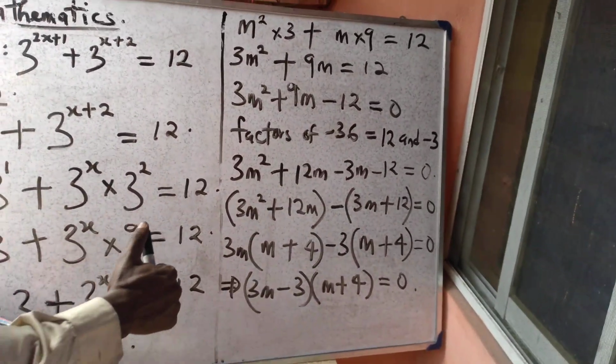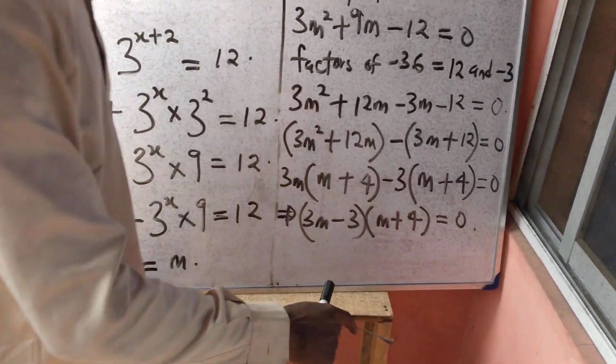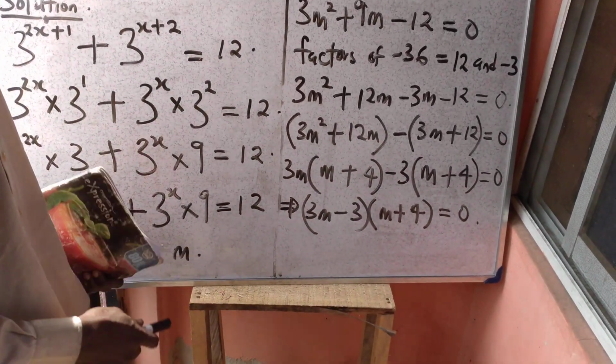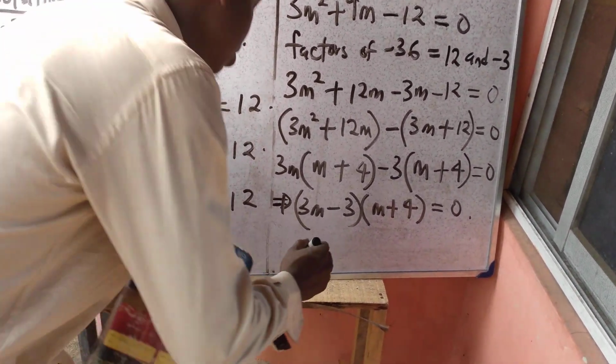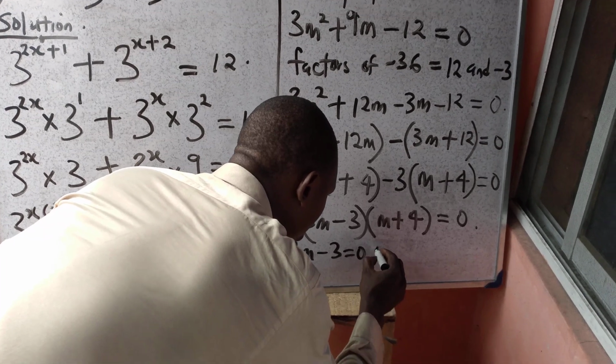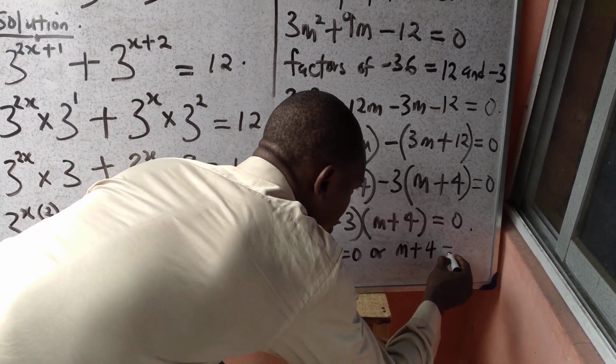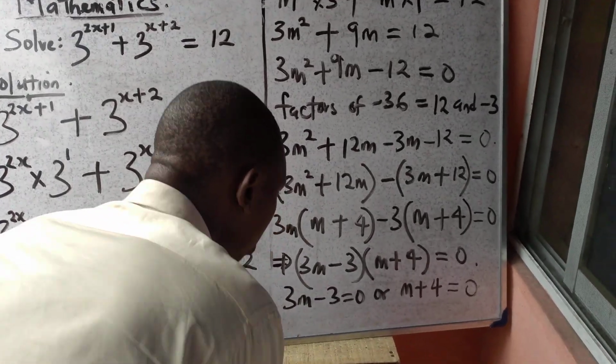So this becomes 3m minus 3 equals to 0, or m plus 4 equal to 0.